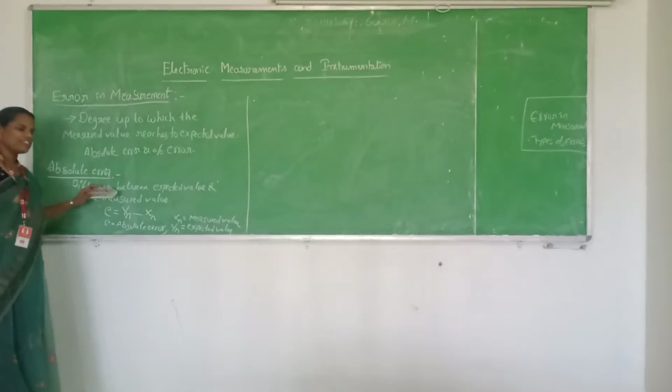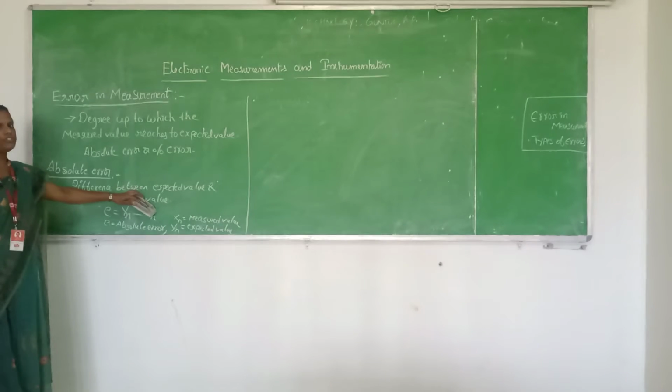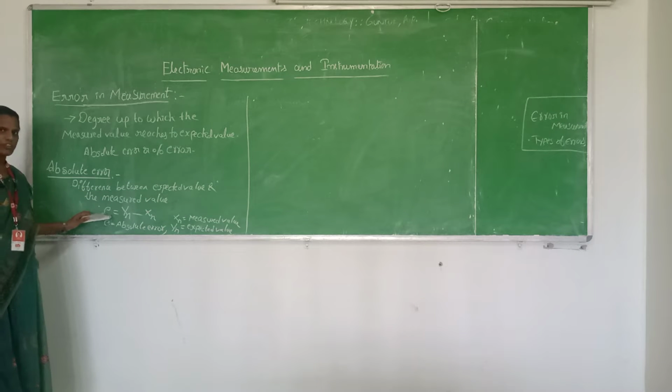Here I have defined the absolute error, which is represented as small e. Small e equals yn minus xn, where yn is the expected value and xn is the measured value.